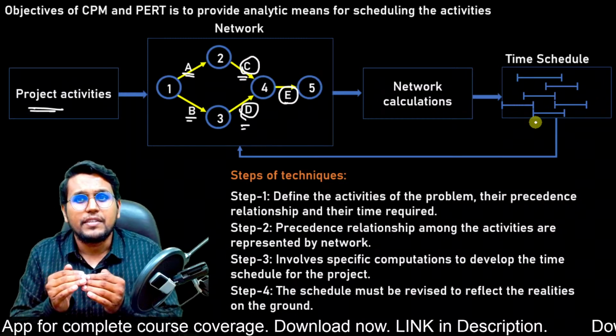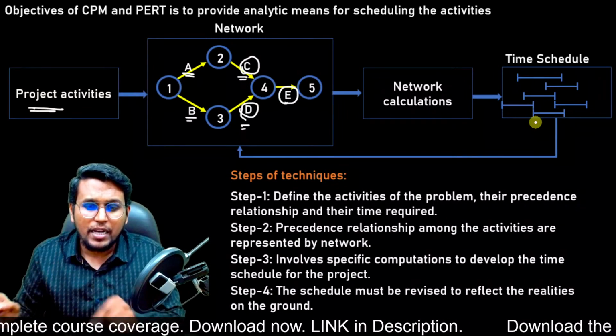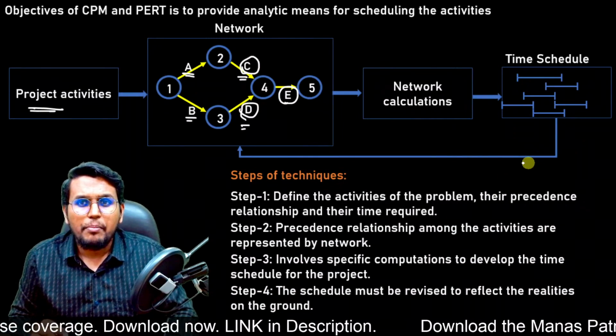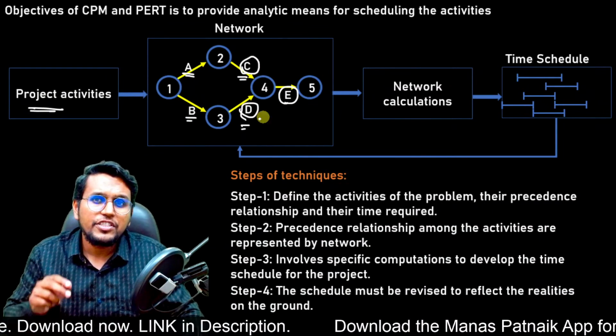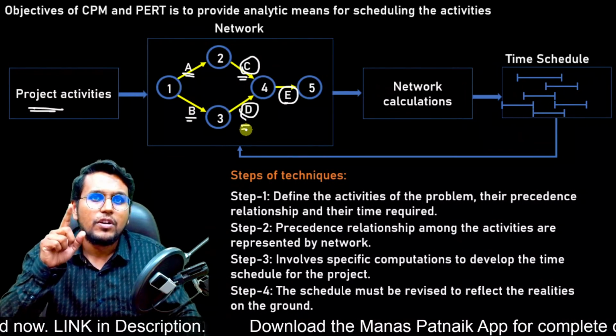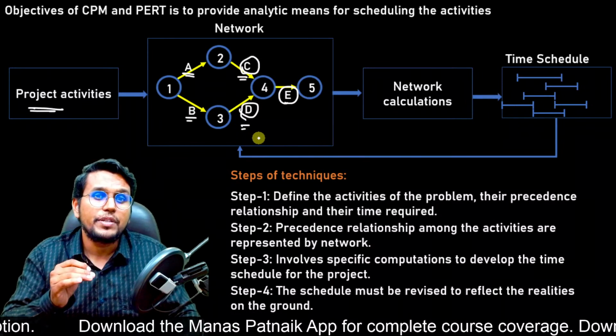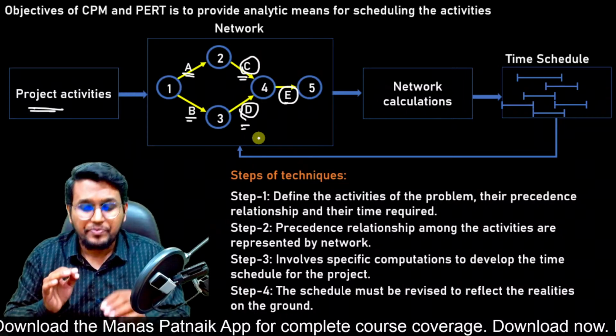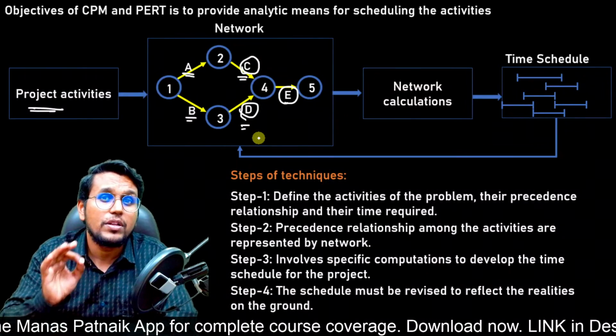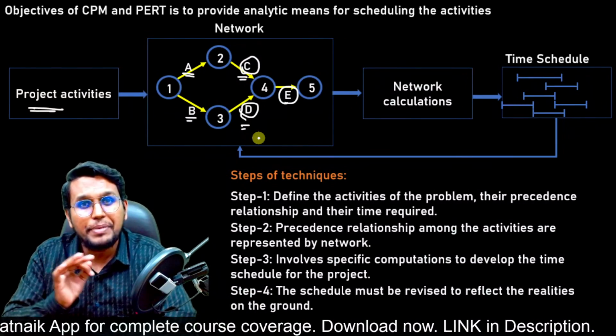So as and when required, we need to come back again here and change our network scenario. Whenever this is required, we need to do it, and we tend to do it every time we want our project to get completed on a minimum time or minimum cost basis.